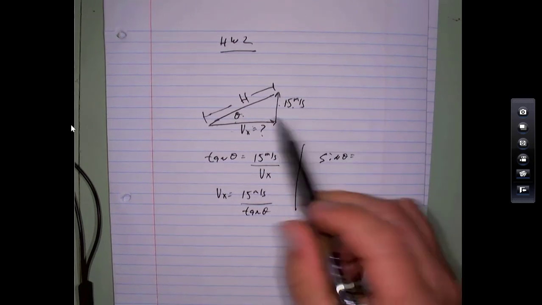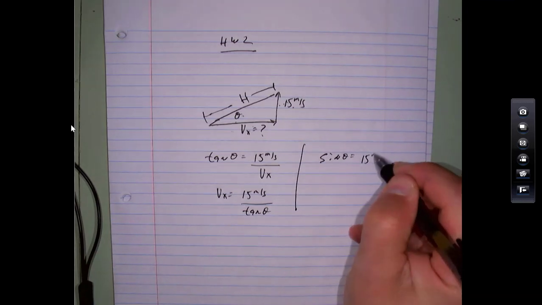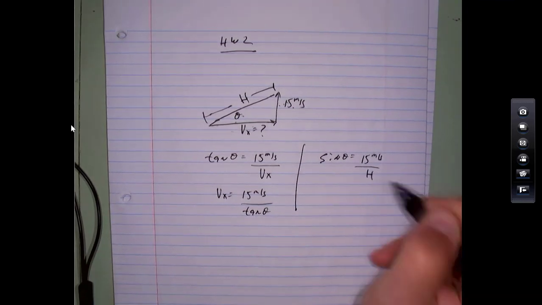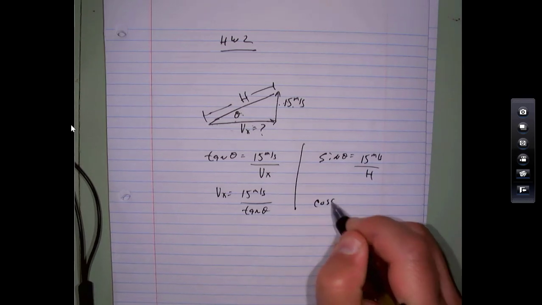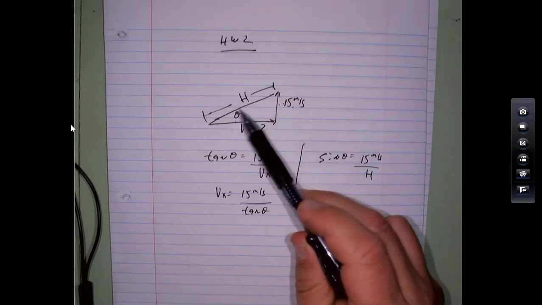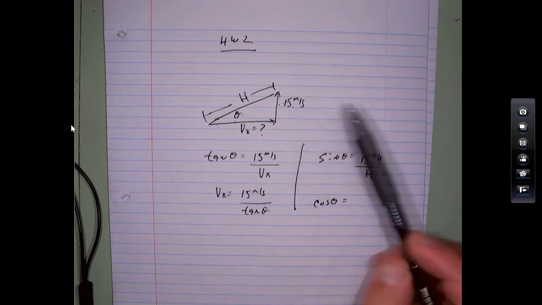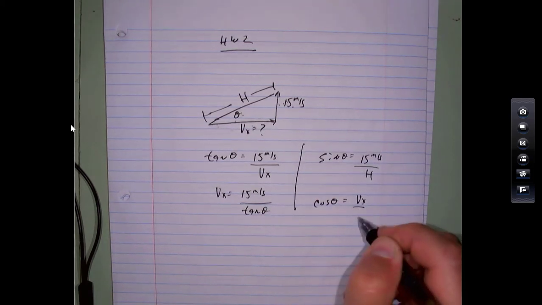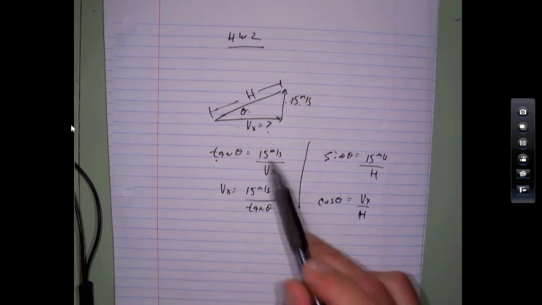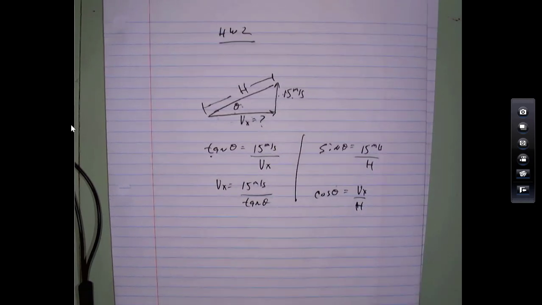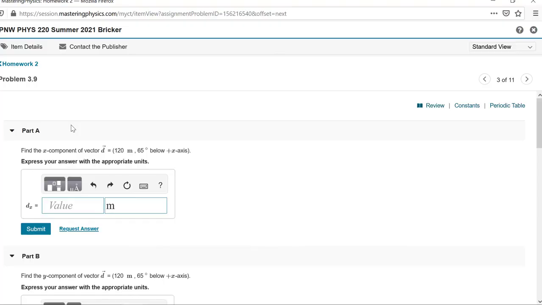Sine of theta is the opposite side over h, so you could get h that way if you wanted to. They don't ask for that in this problem. Cosine of theta is the adjacent side over the hypotenuse. Okay, so I just wanted to run through sine, cosine, and tangent. Let's get back to the homework assignment.